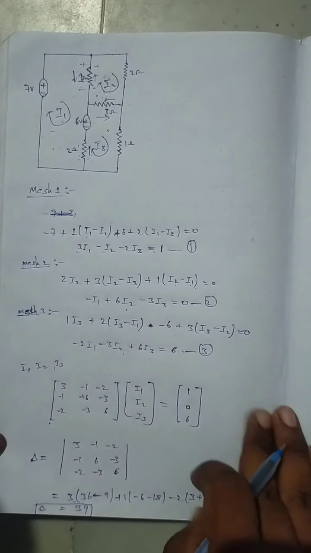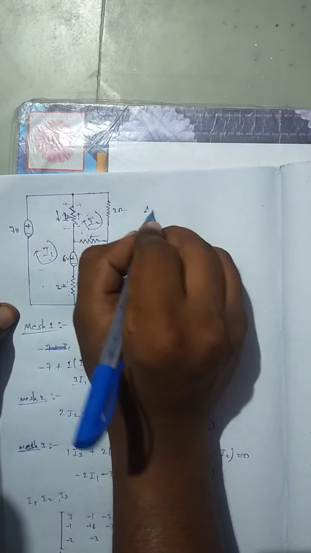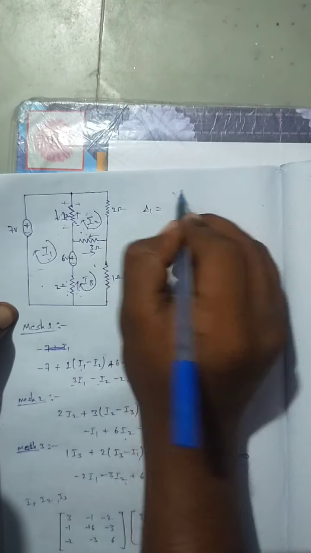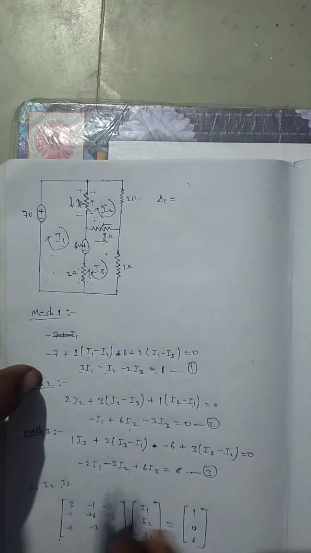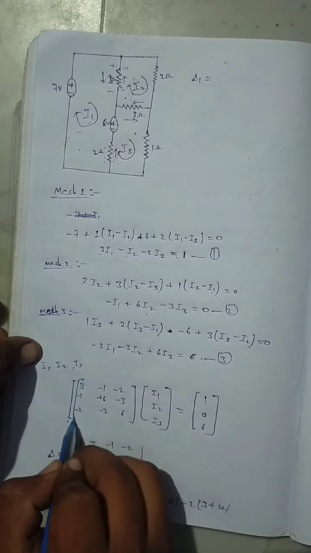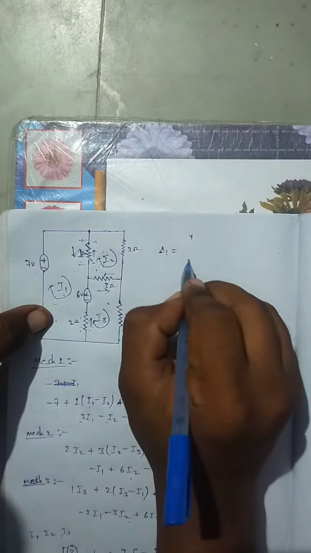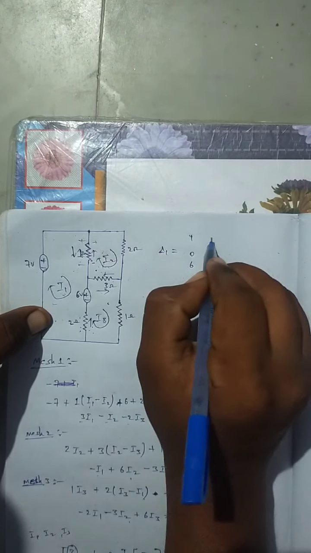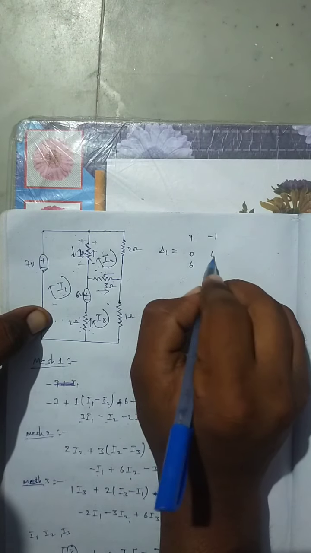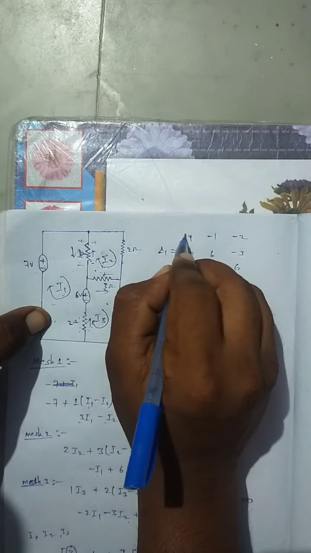Now delta 1 is equal to: in delta 1, the first column is replaced with 1, 0, 6. So 1, minus 1, minus 2; 0, 6, minus 3; 6, minus 3, 6.